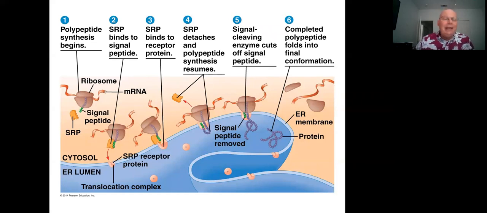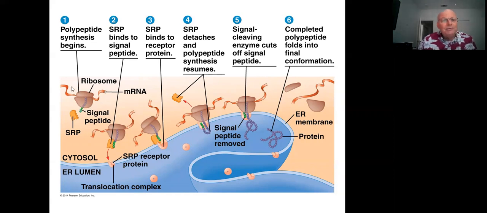If it is to enter the endomembrane system, then the signal polypeptide is recognized by an SRP, a signal recognition particle. If I remember rightly, that's what the P stands for. This contains a small RNA molecule that in turn helps this particle attach to the signal polypeptide.